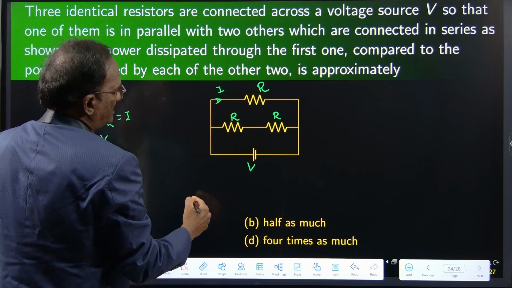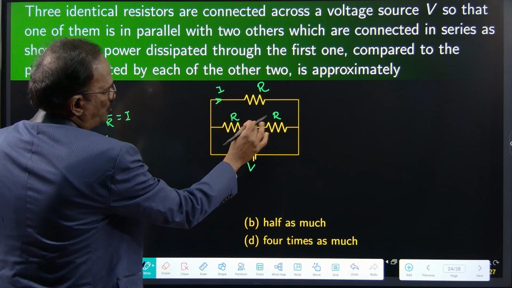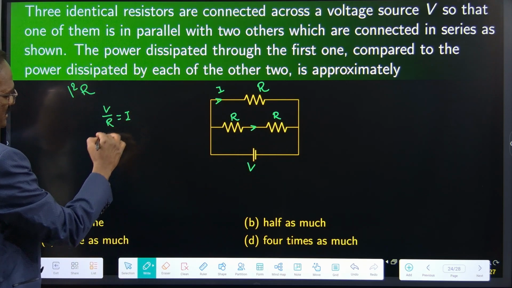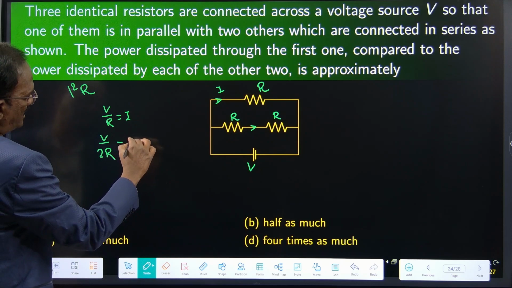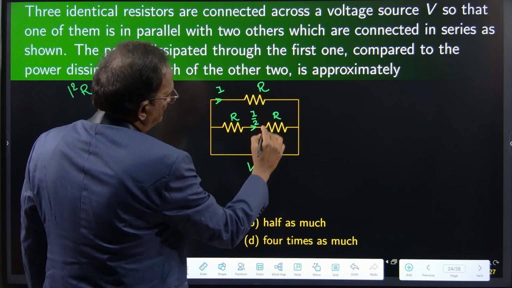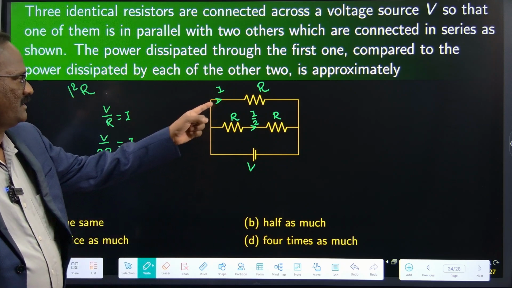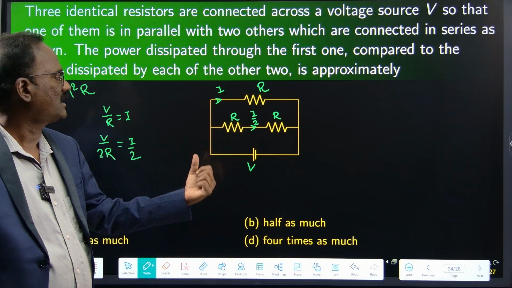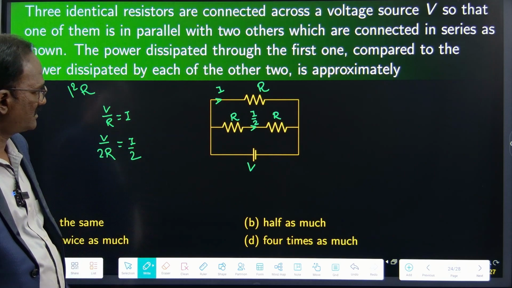V by R is I, so this is I by 2. So it carries I by 2 amperes. This resistance carries I amperes and this branch carries I by 2 amperes.